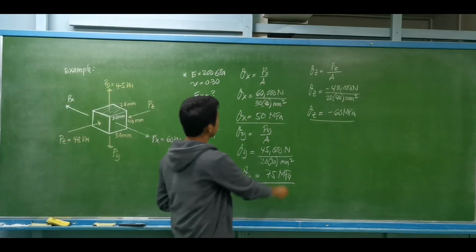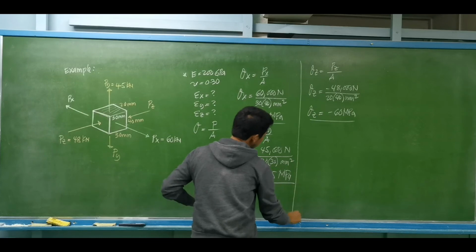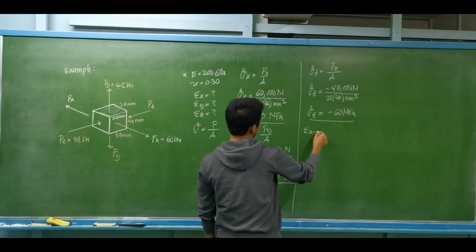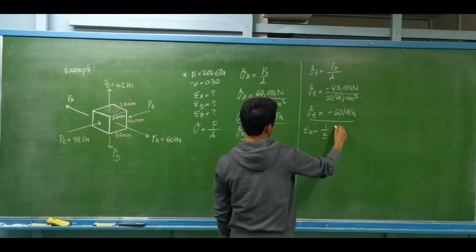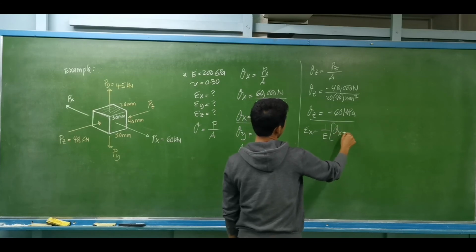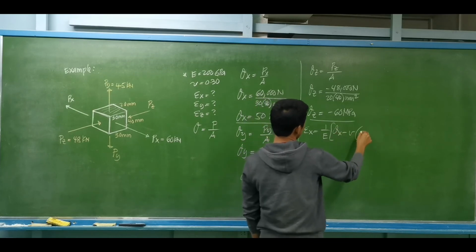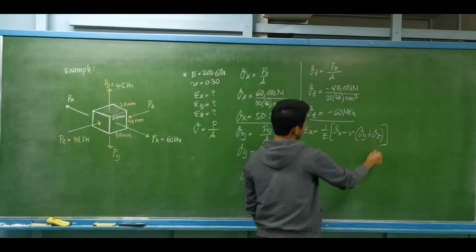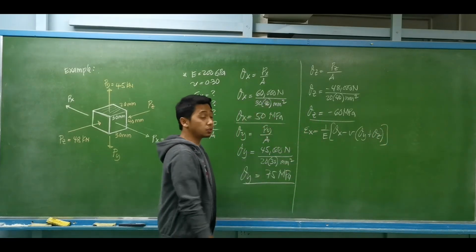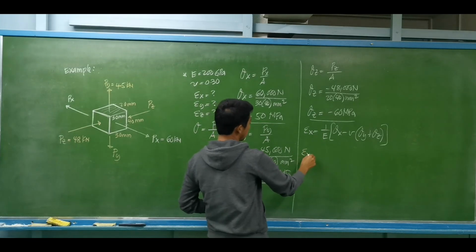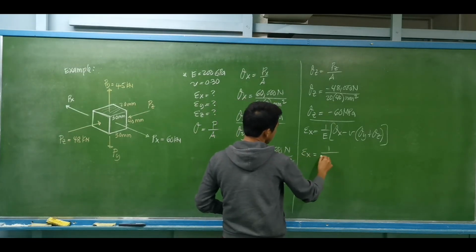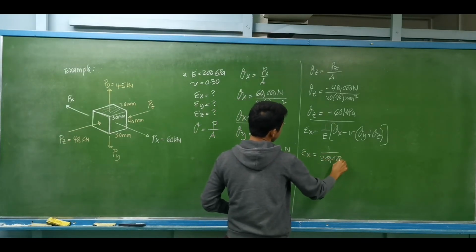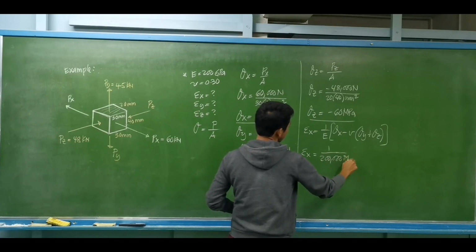So if we are now to compute for the strain, we have the strain along x is equal to 1 over the modulus of elasticity multiplied by the stress along x minus the Poisson's ratio multiplied by sigma y plus sigma z. So all we have to do is substitute. The strain along x is equal to 1 over 200,000 megapascals.